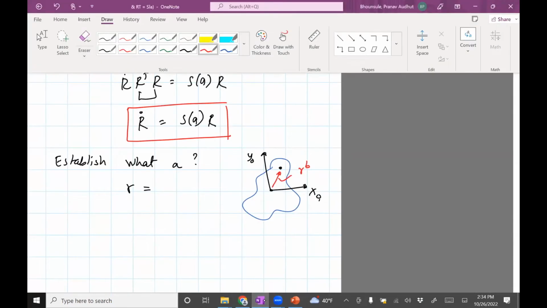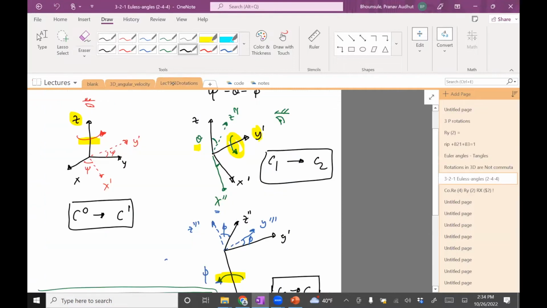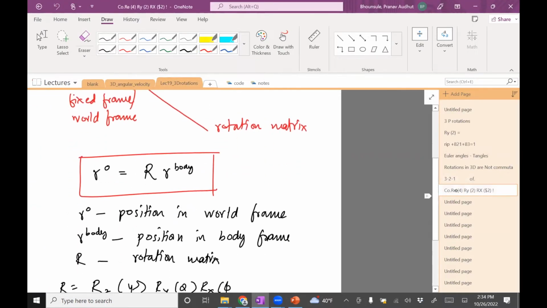In body frame, then the position in world frame is the rotation matrix times the one in body frame. I think I proved this last time, right here.